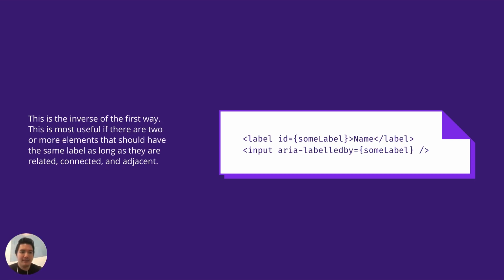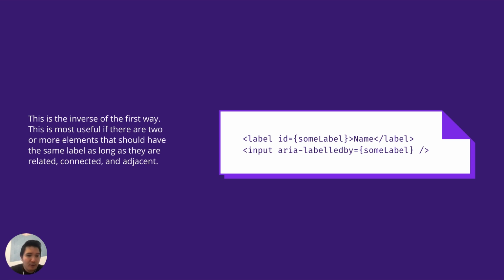So sometimes it's useful to do the inverse of the first way. So rather than have an input with an ID with a label that points to it, instead we have a label with an ID and the input points to it with aria-labelledby.